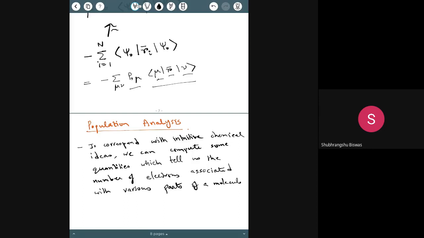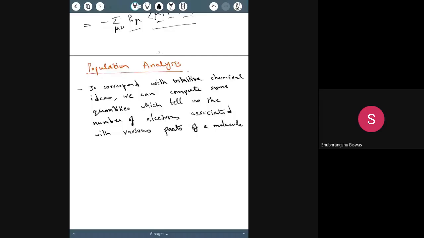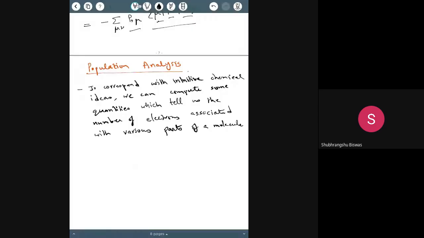Now, as you know, quantum mechanics is a probability of being everywhere. There is no fixed distribution.